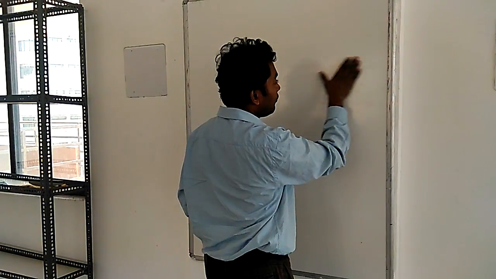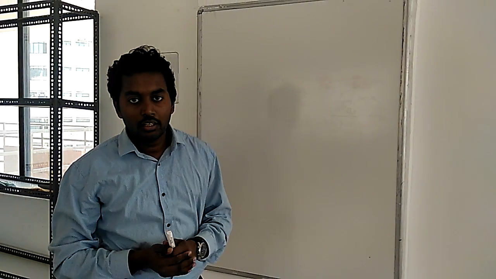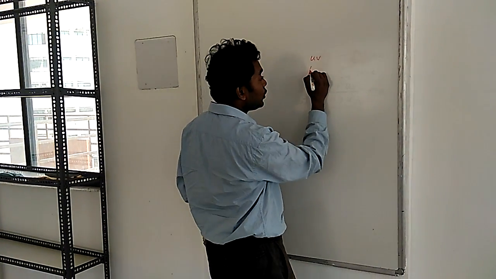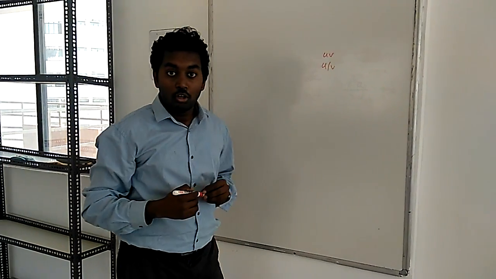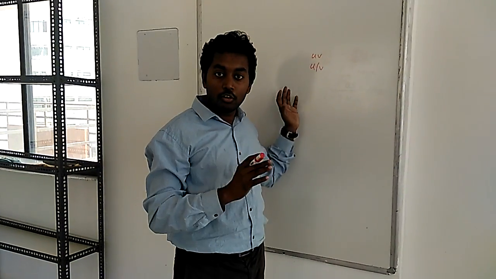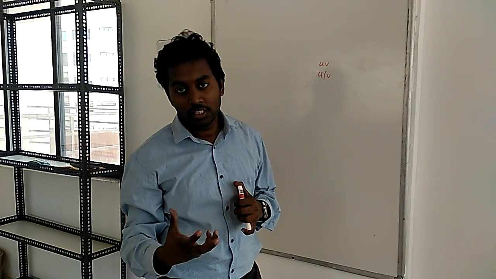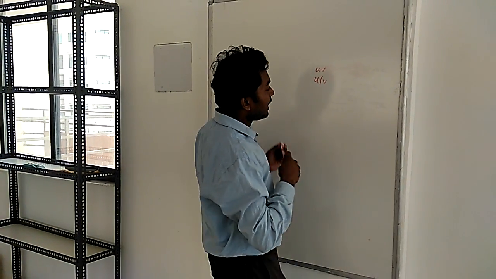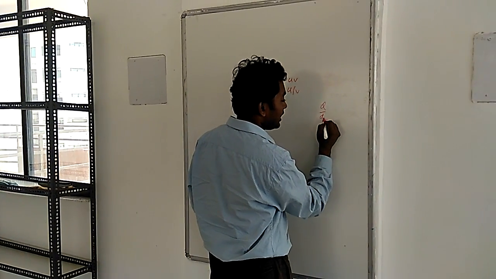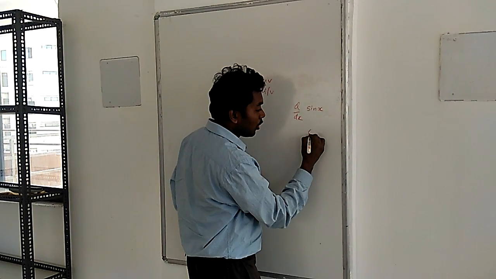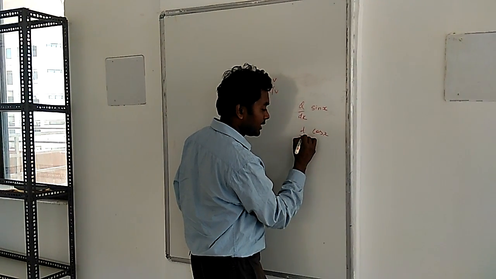But today we will not get into these things. Today we will cover the uv rule of derivative and the u by v rule of derivative. To know these rules, first you have to know the basic formulas of derivative, for example, d by dx of sin x and cos x with respect to x.